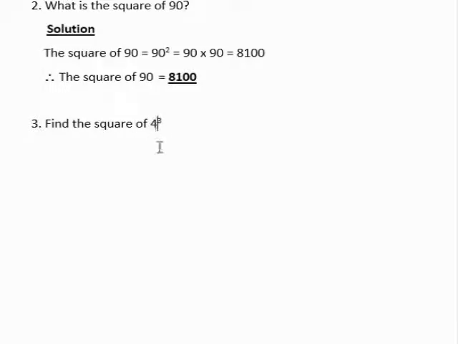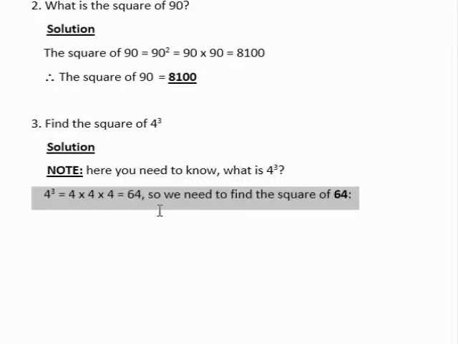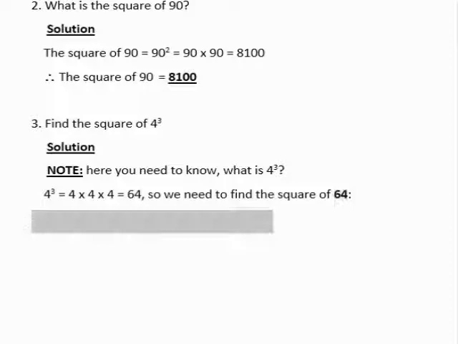So what is 4 power 3? 4 power 3 is equal to 4 times 4 times 4, which is equal to 64. So it means this 4 power 3 is equal to 64. But this is not yet the answer. So we need to find the square of 64.